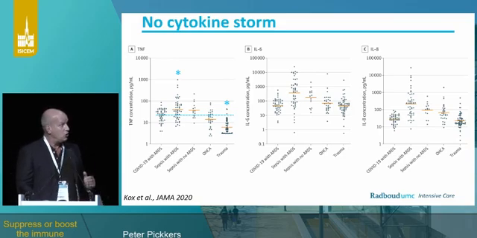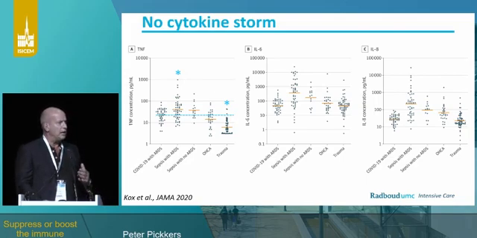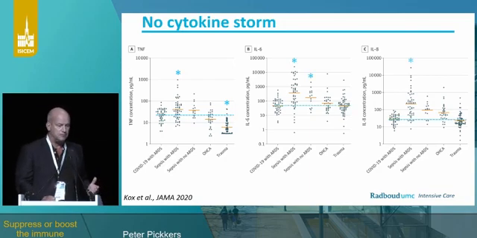So there is no systemic cytokine storm in critically ill COVID-19 patients. Now, does this mean that hyperinflammation is not of relevance in these patients? I think not, and for three reasons.